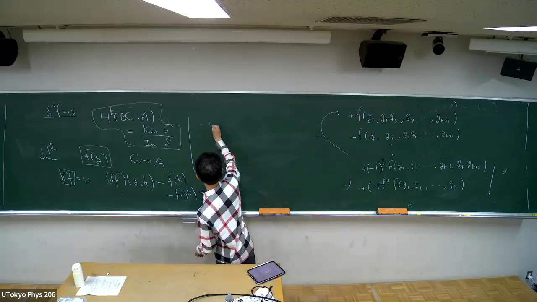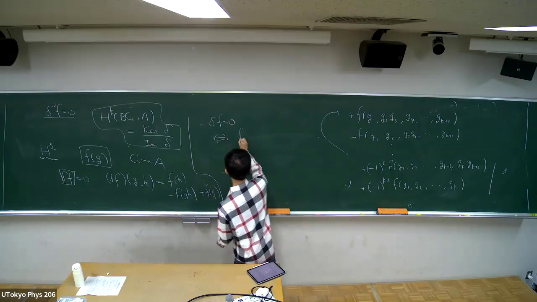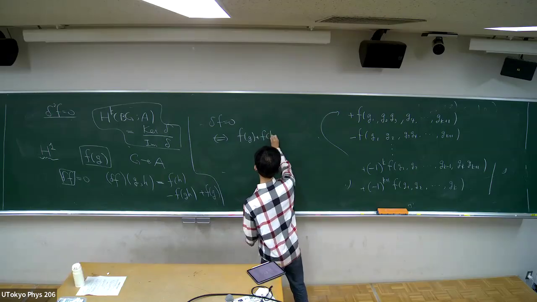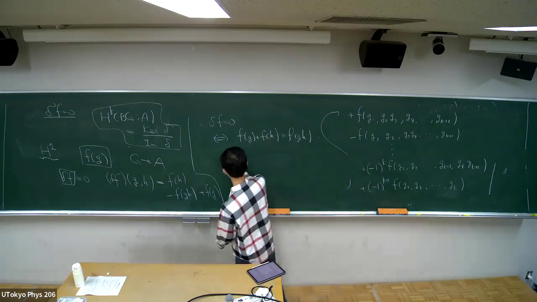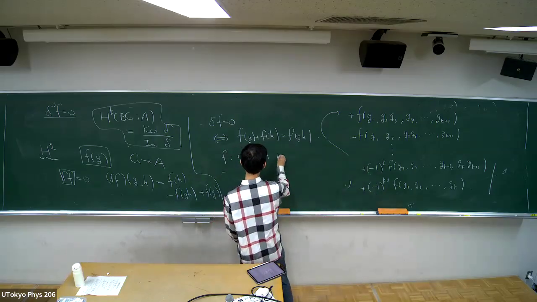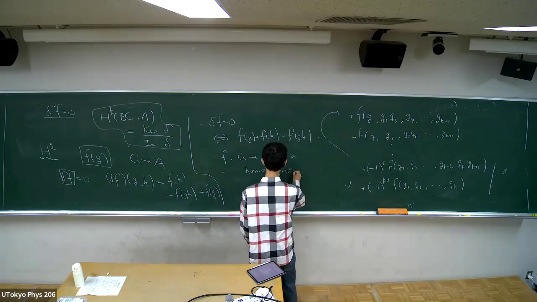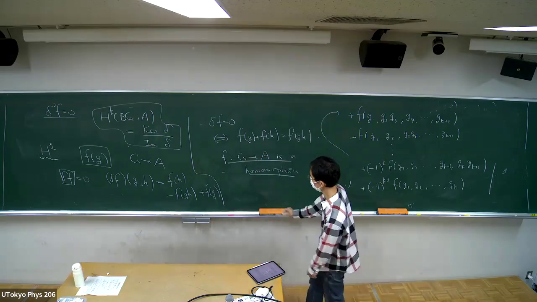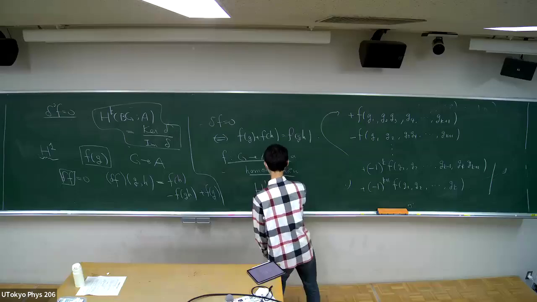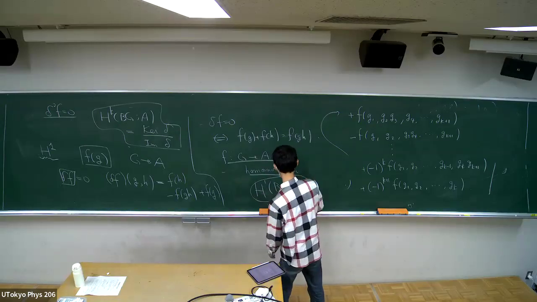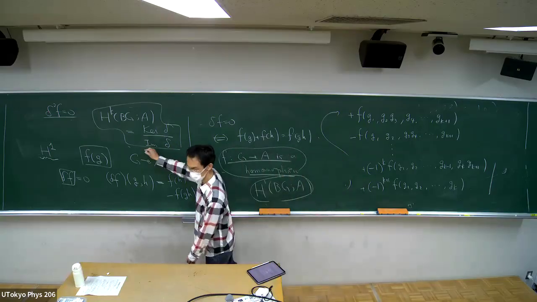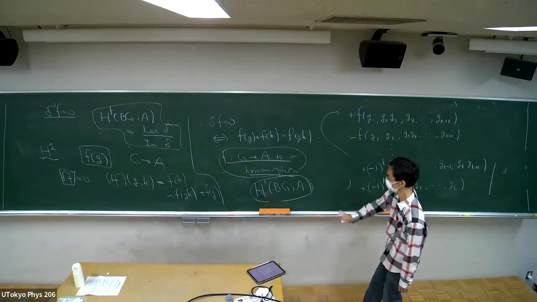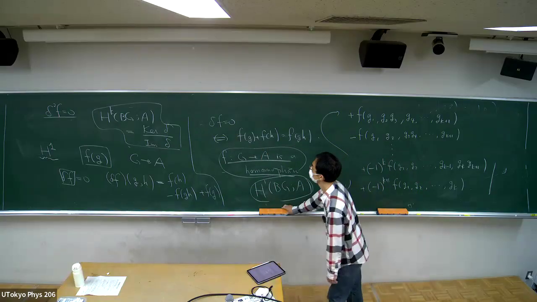So delta f equals 0 means that f(g) plus f(h) is equal to f(gh). This means that f from G to A is a homomorphism. So we learned that H1 of BG with coefficients in A is just the set of homomorphisms. I didn't discuss the image of delta, but the image of delta becomes 0 in this case, so you don't have to quotient anything. This is it.